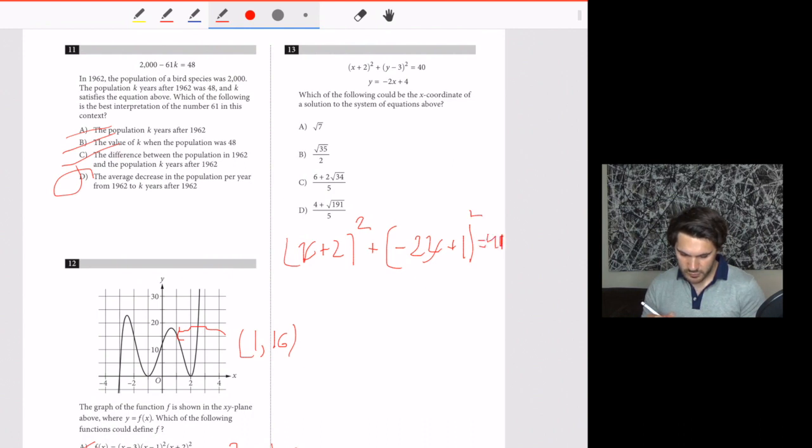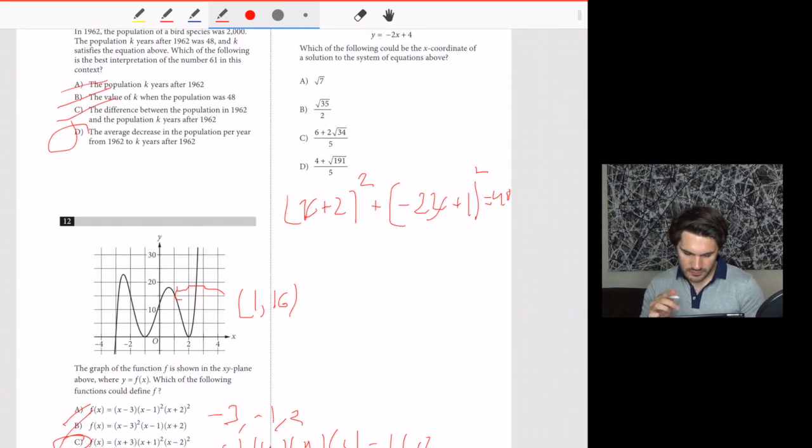Let me make that clear. Equals 40. Clear enough. So then let's distribute out the stuff that we got here. I'm going to make a 1 over here.